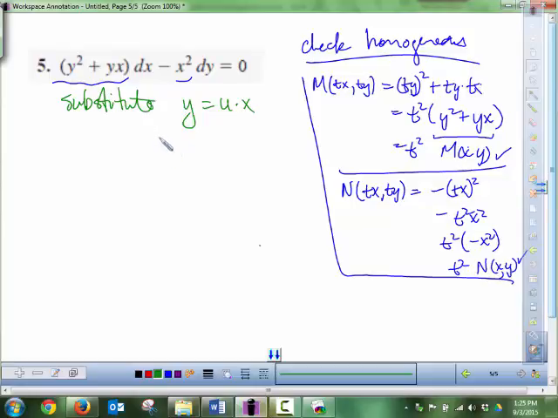So dy, the differential. Now these two are supposedly functions, so I need to treat them like they're functions, which means I have to use a product rule. So derivative of the first times the second plus the first times the derivative of the second.